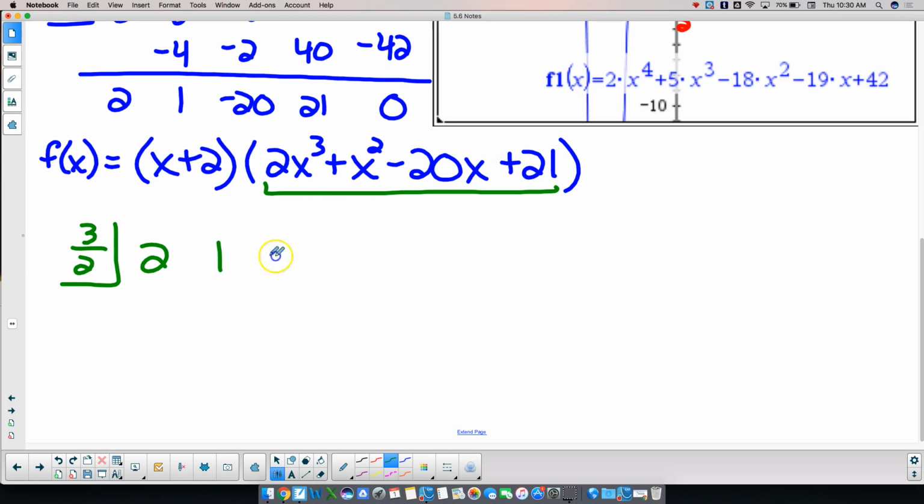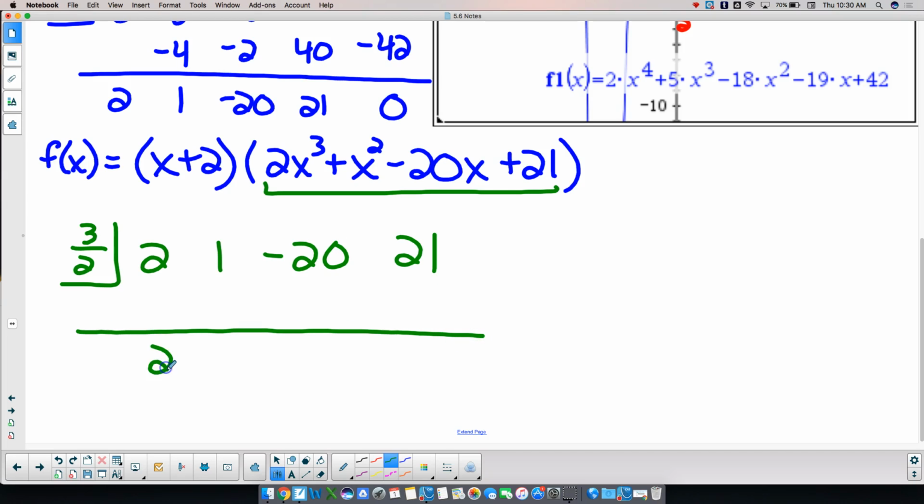2, 1, -20, and positive 21. Drop the 2. 2 times 3/2 is 3. Add. 4 times 3/2 is 6. -14 times 3/2 is -21. So it does end up being a 0.